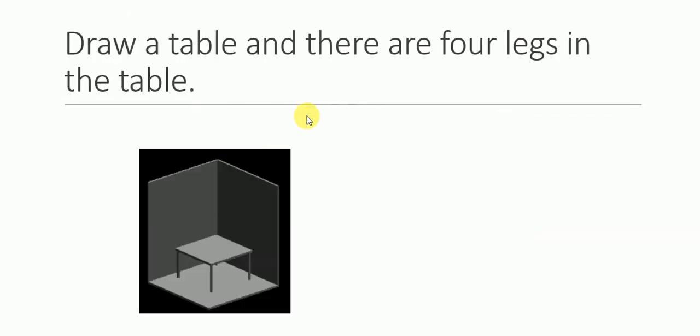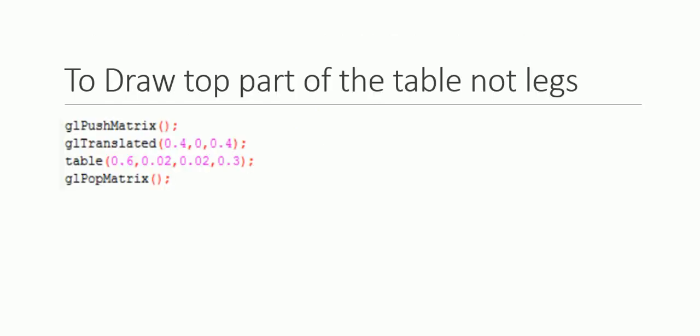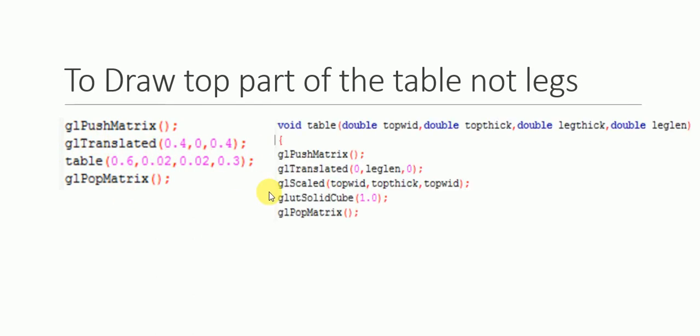Now draw the table. There are 4 legs in the table, and first we draw the top part of the table, not the legs. So push matrix, the previous becomes the parent, push all the information, and draw the table.